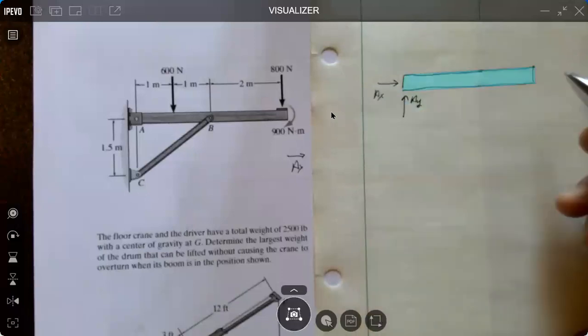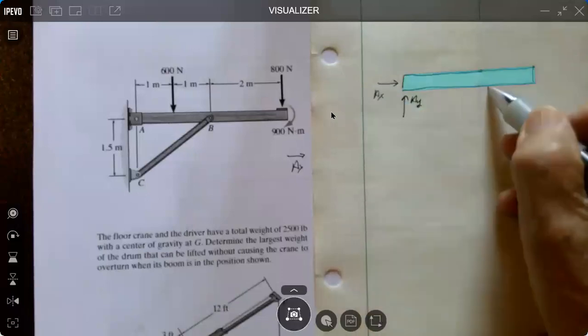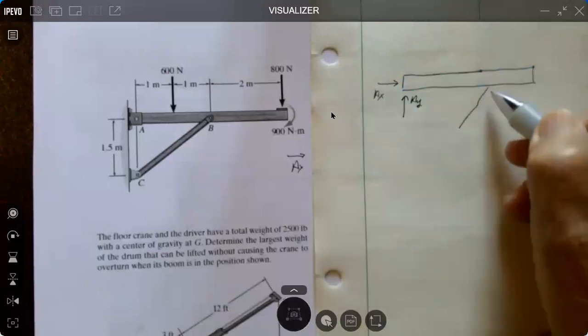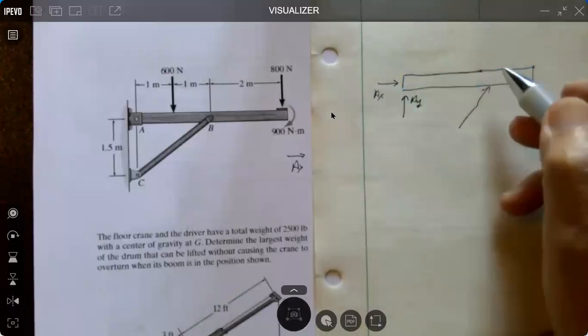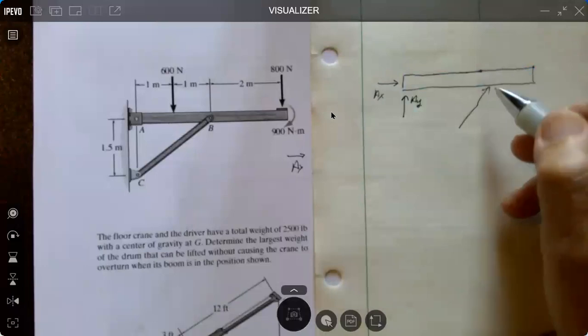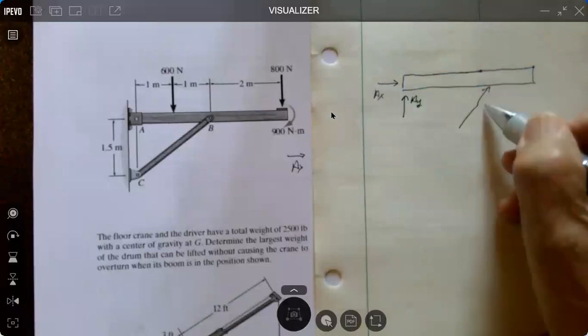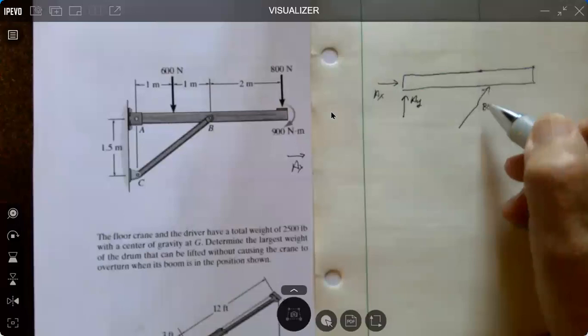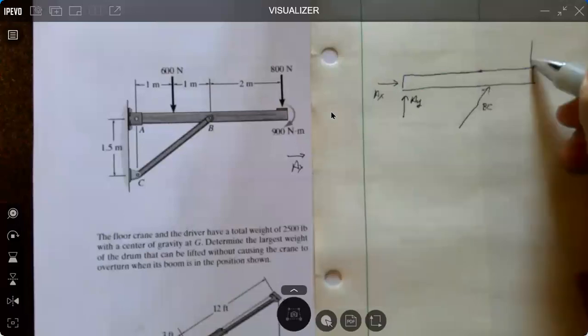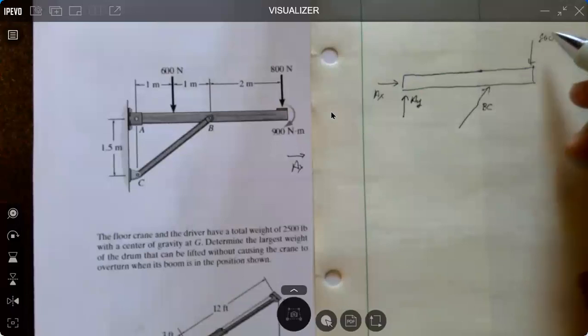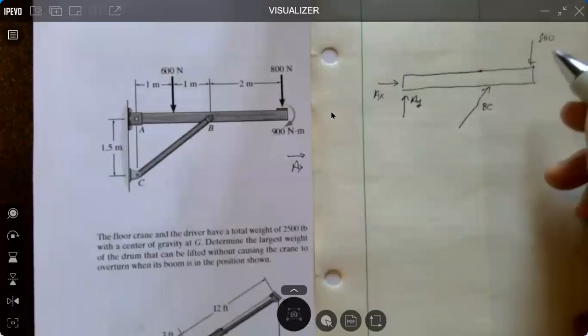And then we have the strut out here, and I know that's going to be in compression. And that's BC. And I have two loads, a vertical load of 800 newtons and an applied moment of 900 newton meters.